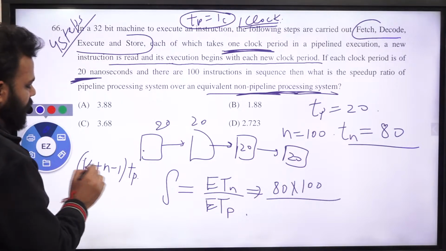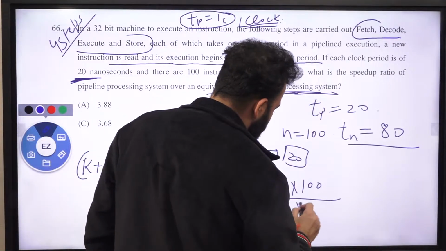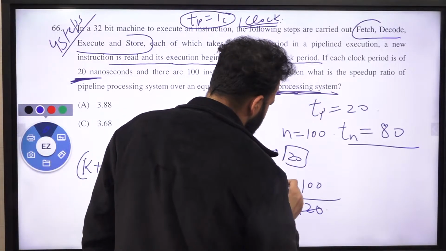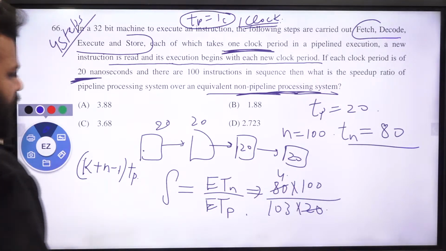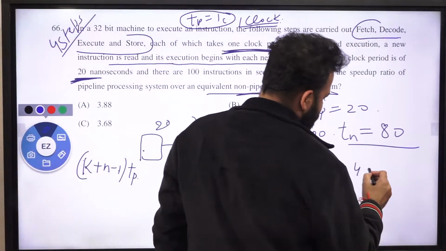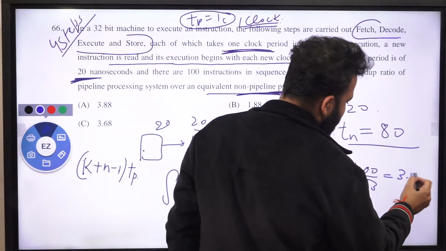So K is equal to 4, 4 minus 1 is 3, 3 plus 100 is equal to 103 into 20, which will come out to be 8000 by 103 times 20. If you perform the calculation, you will get 3.88.